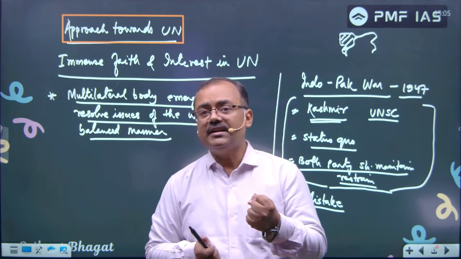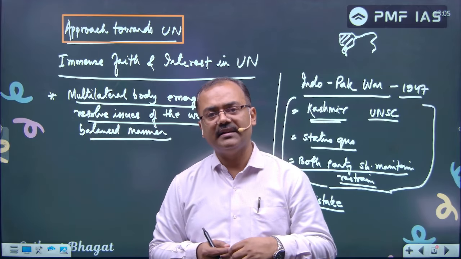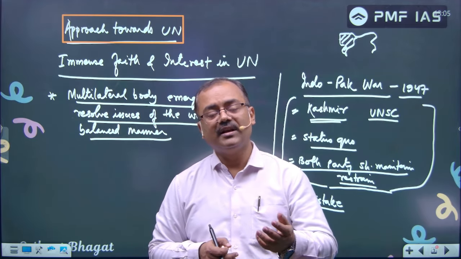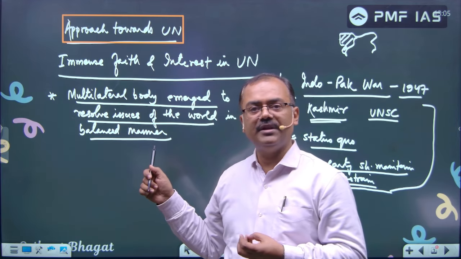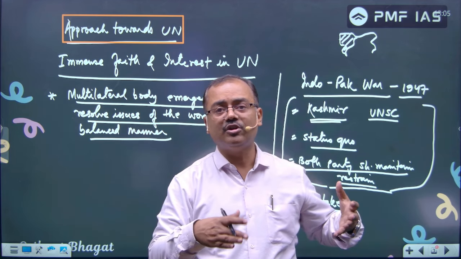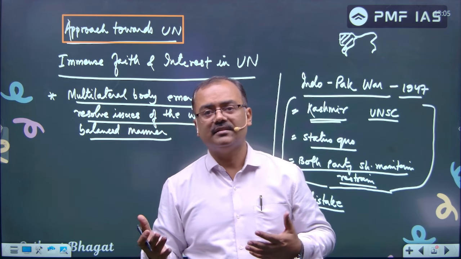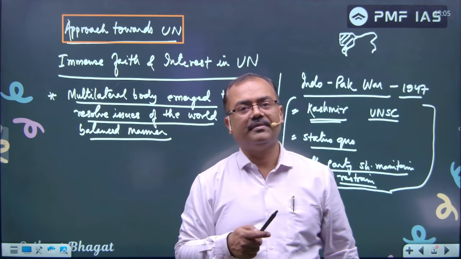Because India is a weak country. If any powerful country is attacking India, who will come to help India? There must be some UN-like body. There are so many countries which were not decolonized, not independent at that time. The UN as a body can help.